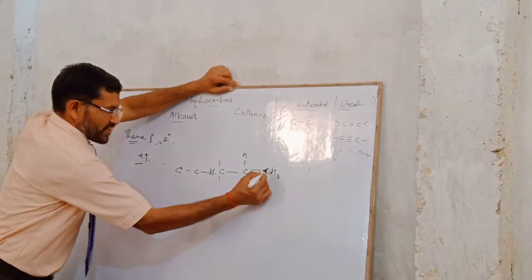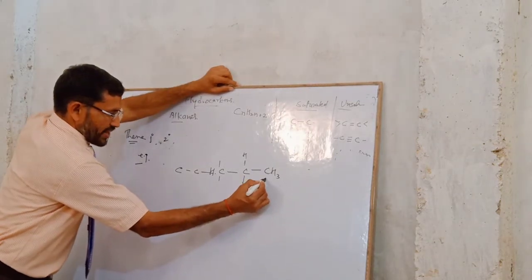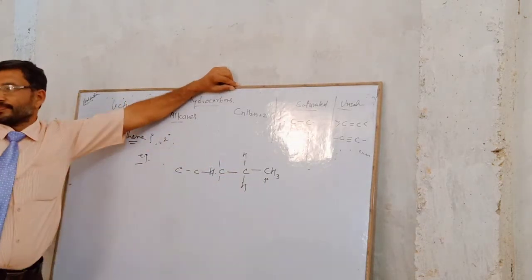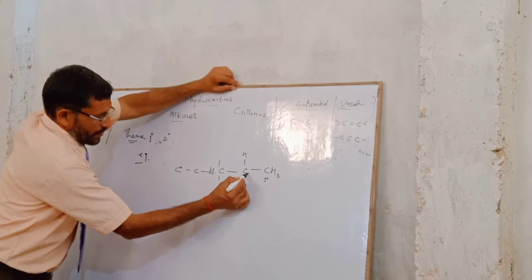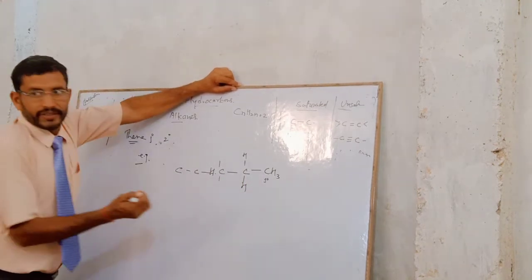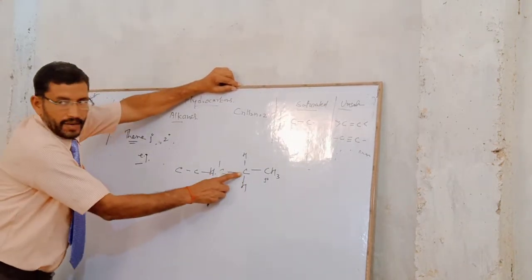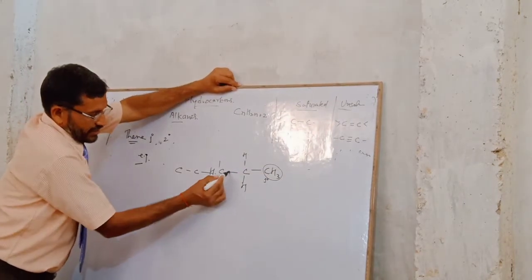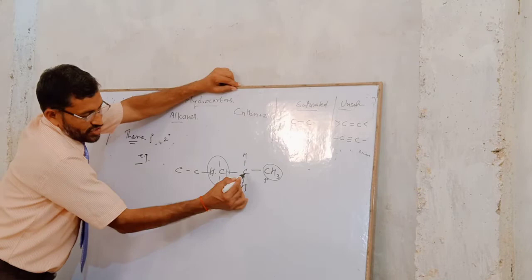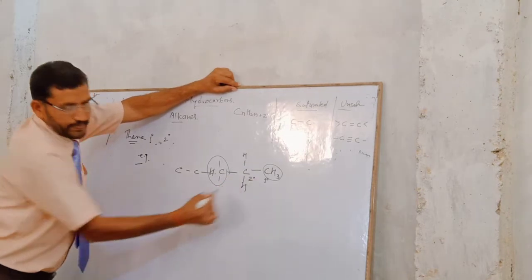You can see this is the one carbon or 1 degree primary carbon. This carbon is in between here and there, attached with a carbon here and the next carbon here. So this is the 2 degree carbon.